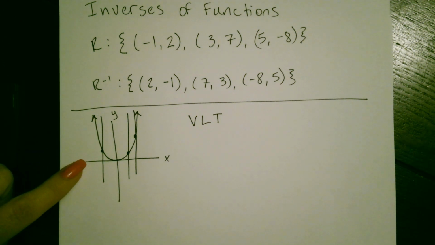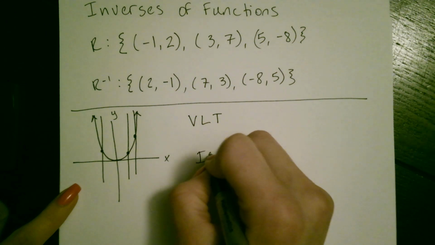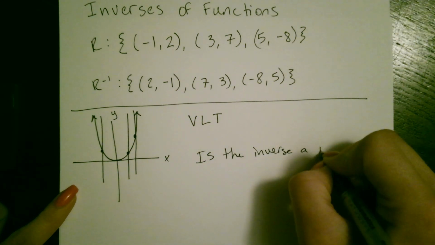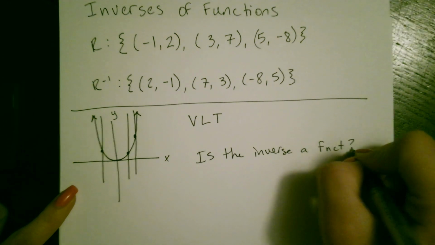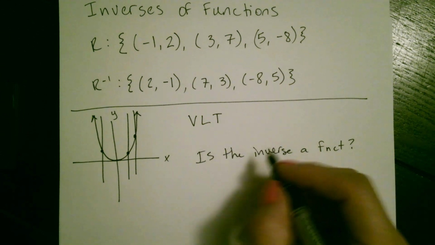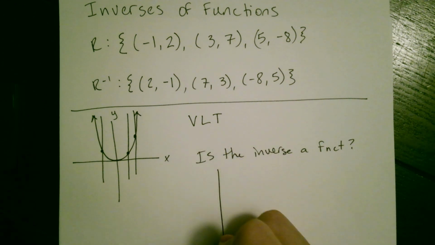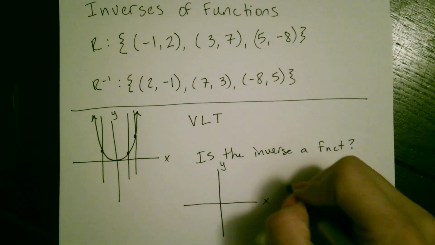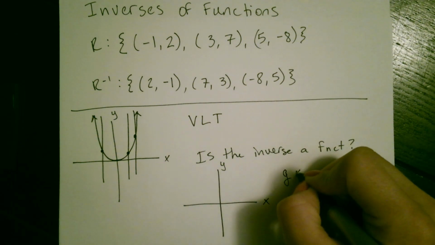We have a very similar test to determine if the inverse is going to be a function as well. So is the inverse a function? I'm going to abbreviate that FNCT for function. Like I said, a very similar test. We're going to hone in on our graphing skills real quick.